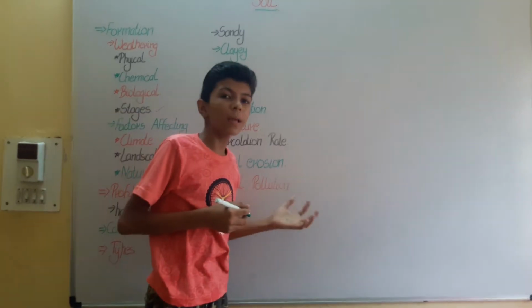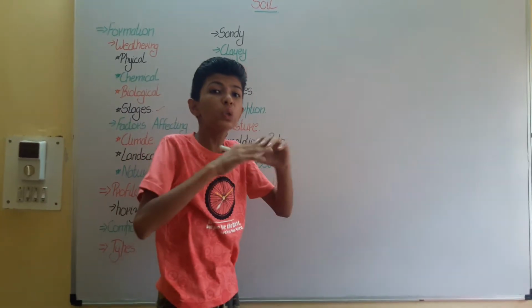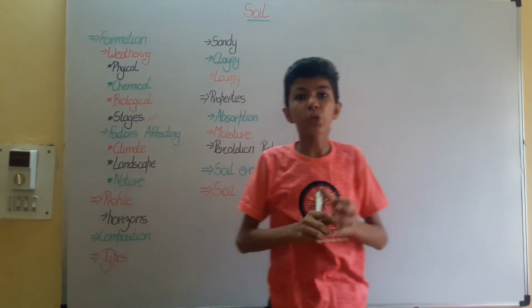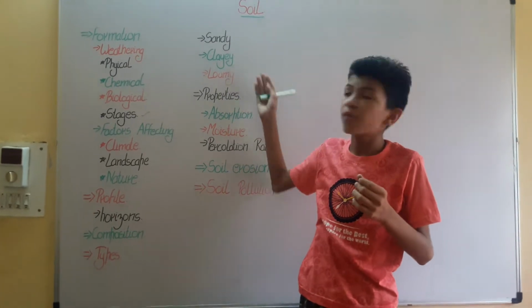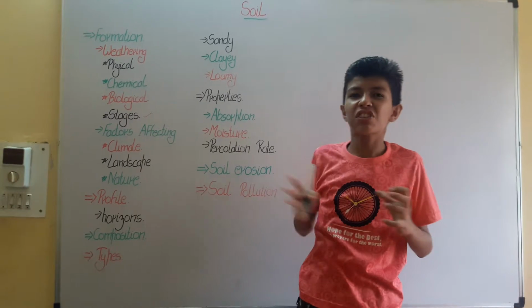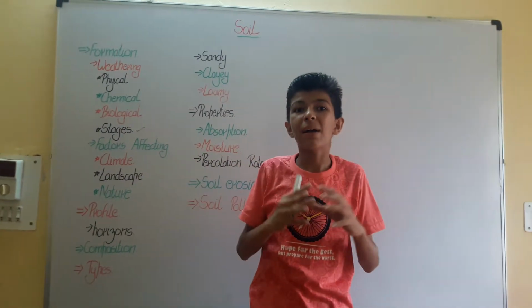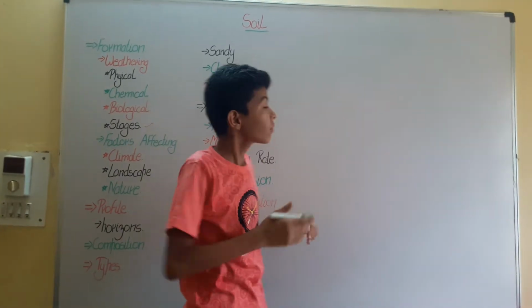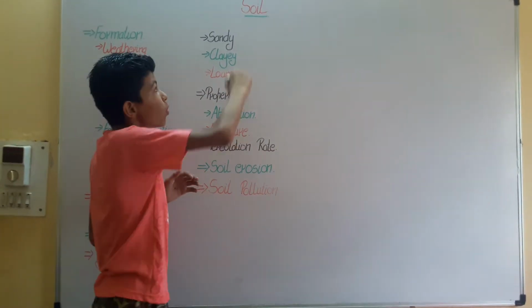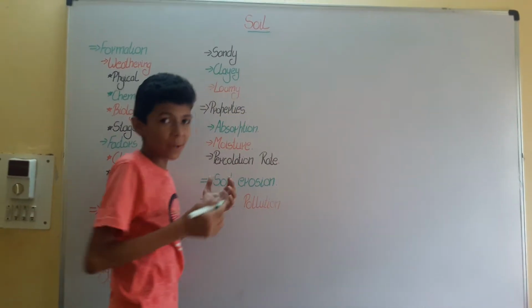If you zoom in on the sandy soil, what you will see are huge balls. All of these are made up of balls, but the balls of the sandy soil are as big as a football. If we zoom in or use a microscope to see them, they are bigger.